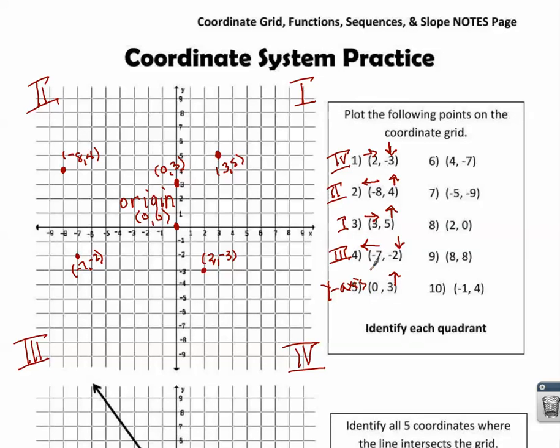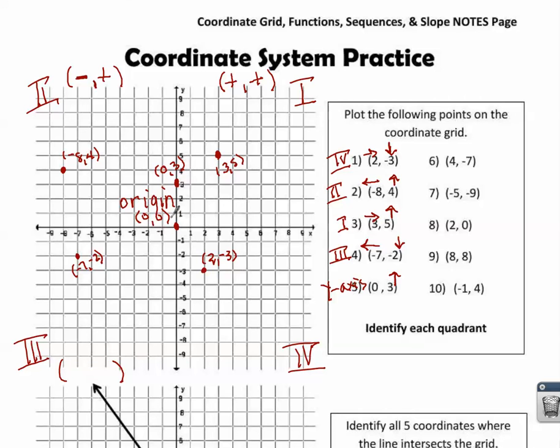If you notice, there's a pattern with their signs. In quadrant 1, you are walking right and flying up. So that means all your signs in quadrant 1 are going to be positive for both the x and the y. In quadrant 2, you have to go left, so all your x's are going to be negative. Then you have to fly up, so all your y's are going to be positive.